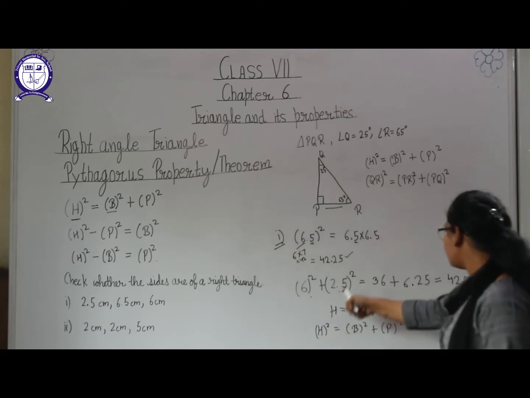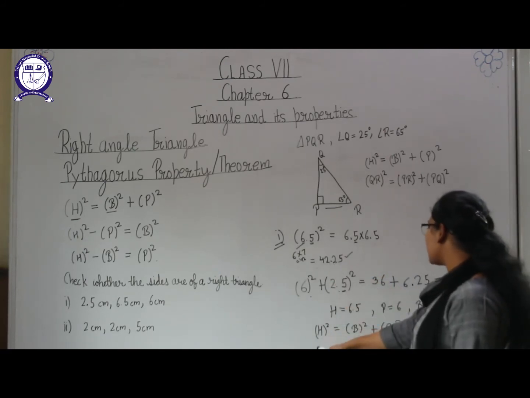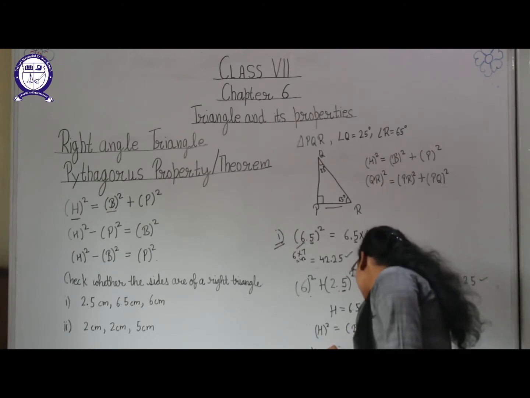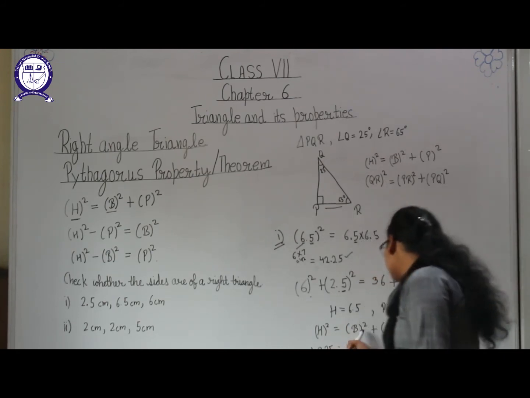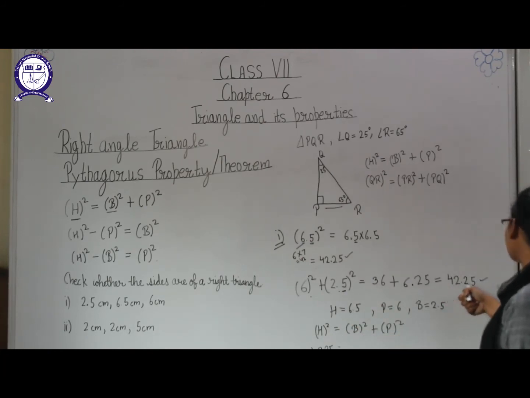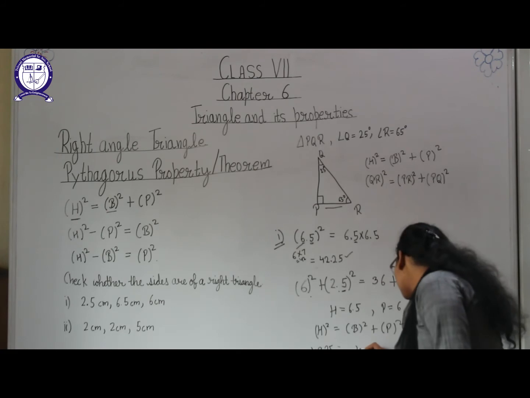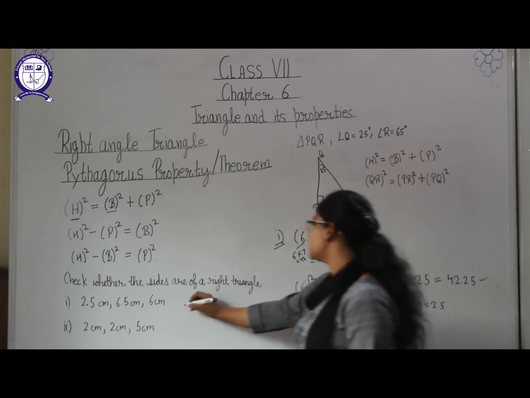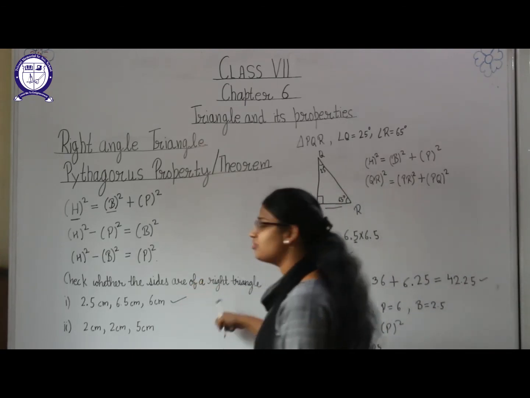Here hypotenuse square is this one, so we are getting this answer, 42.25, and when we add these two, we are also getting 42.25. These two are equal, so we can say that yes, these three are the sides of a right triangle.